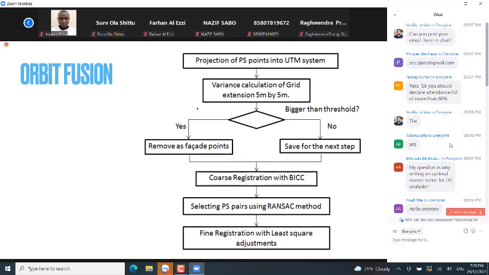For example, we can project them into a similar coordinate system, put them into a grid. Important is that if we have an urban area, we need to remove the facade points.